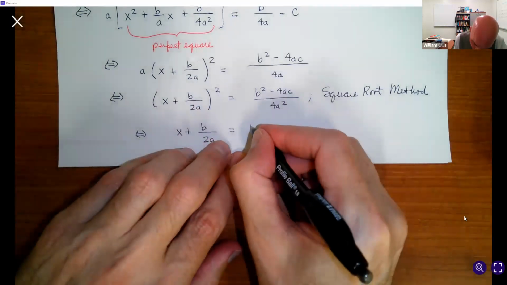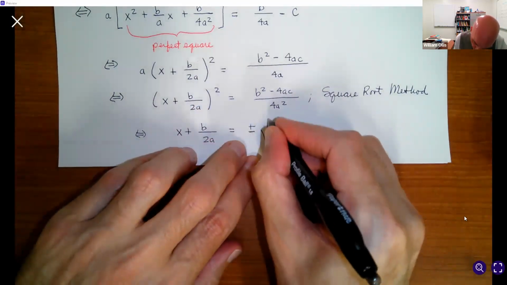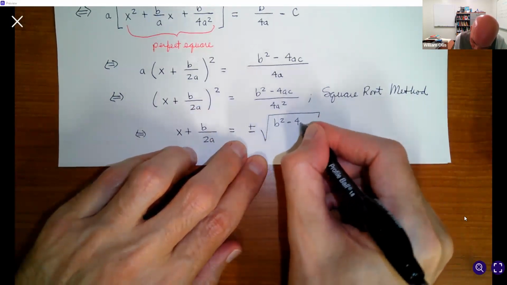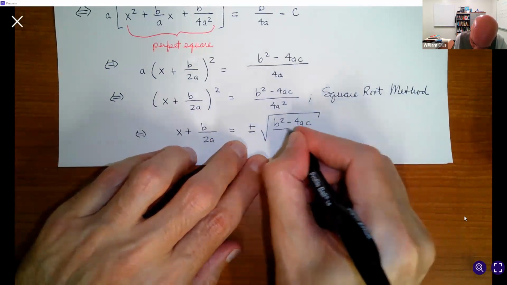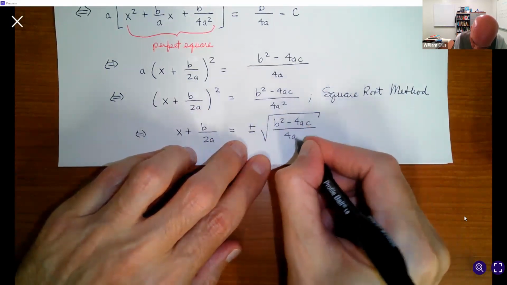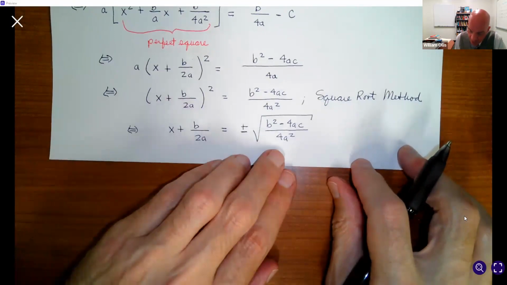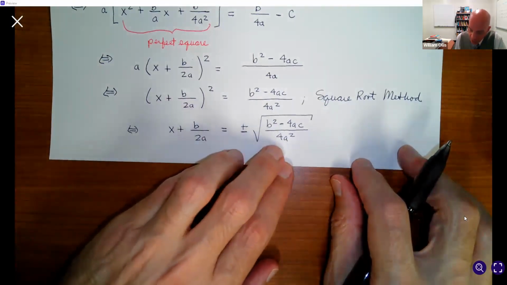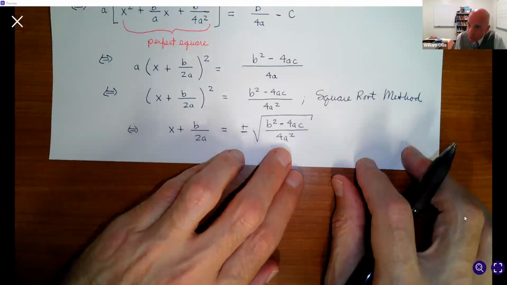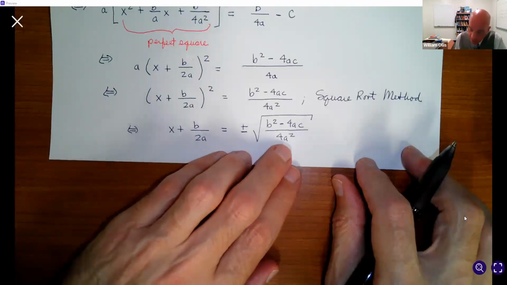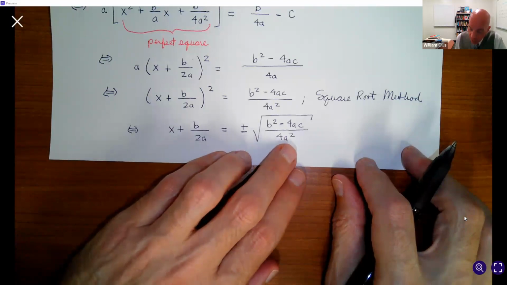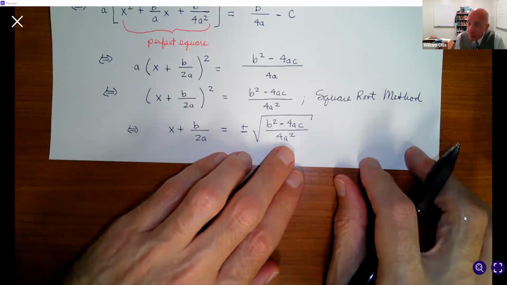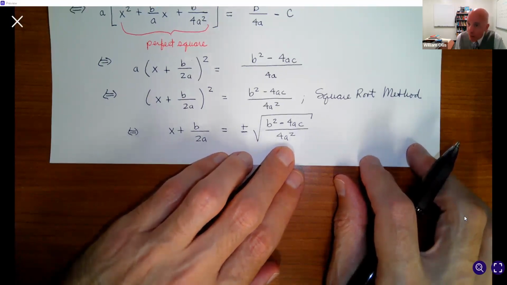It will be plus or minus the square root of b squared minus 4ac divided by 4a squared. Now this is where it's convenient. Notice when we take the square root of the quotient, we get the quotient of square roots using our laws of exponents, but the square root of 4a squared would simply be 2a because we have presupposed that a is positive.